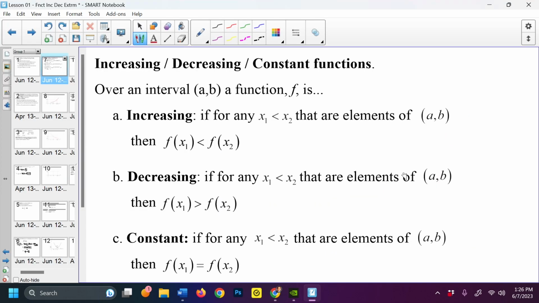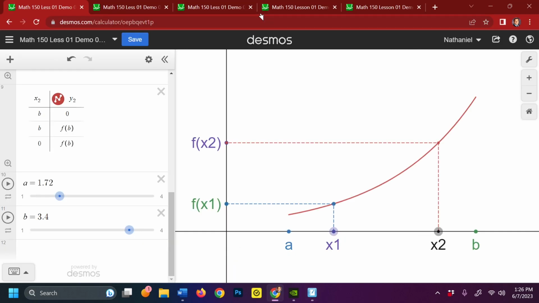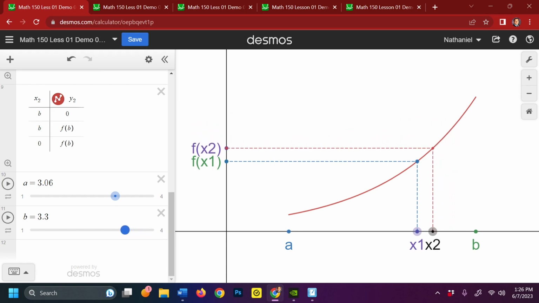A function is increasing on this interval if for any x1 that is smaller than x2. So if I come back here, I can move my x1 anywhere along here provided that the x2 stays on the other side of it.